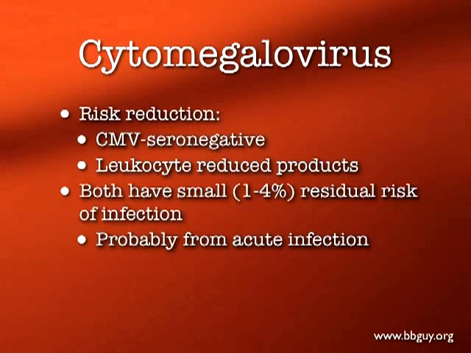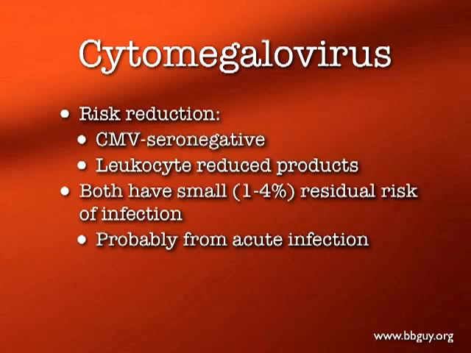However, here's the truth. Both CMV seronegative and leukocyte-reduced products, there's no complete elimination with either one. Both have a small, like 1 to 4% residual risk of infection, and it's probably as a result of the fact that in very acute infections for CMV, a blood donor in our case who is acutely infected with CMV, the virus actually has a very short period during which it does float around in the blood and it hasn't gotten into the white cells yet.